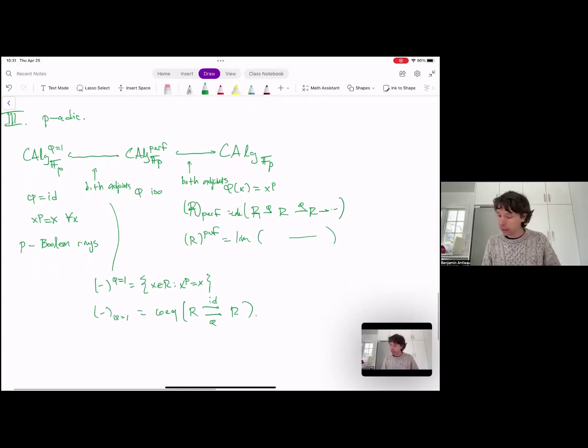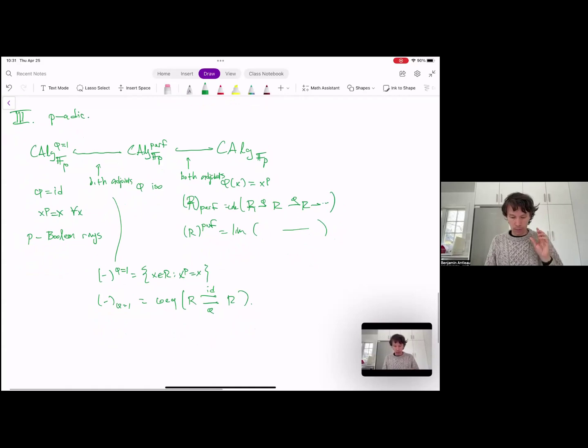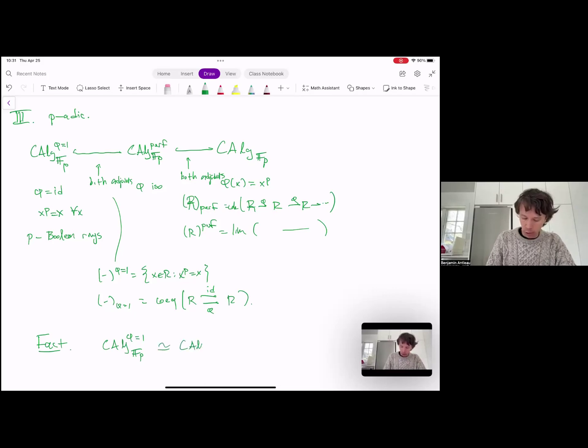Okay. And an important fact is that this is actually equivalent to what I introduced earlier. These are the Stone F_p algebras, precisely the things built under colimits out of finite products of F_p itself.